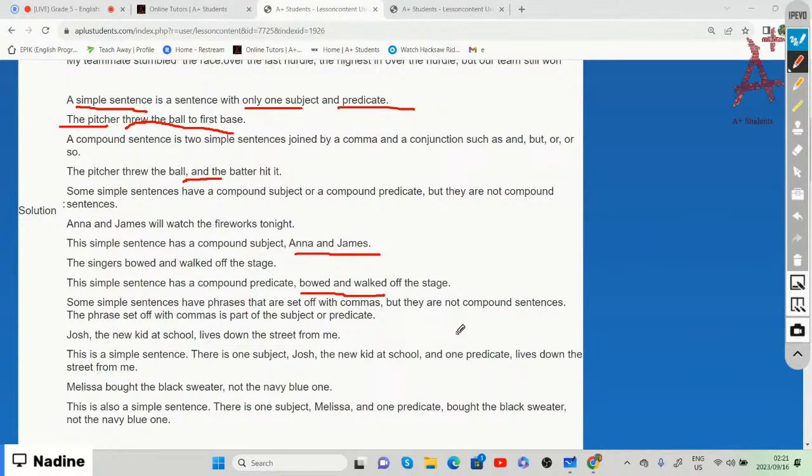And then some simple sentences have phrases that are set off with commas. The phrase set off with commas is part of the subject, which tells us who or what. And then the predicate is our action. For example, Josh, the new kid at school, lives down the street from me.